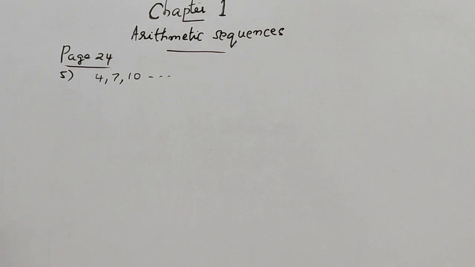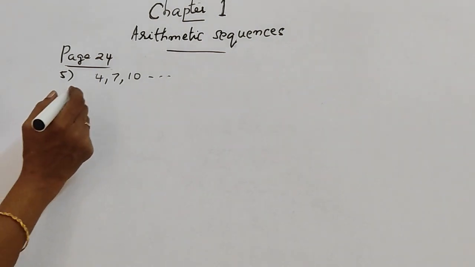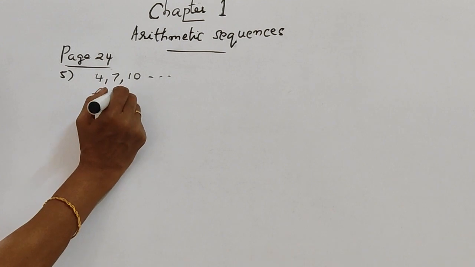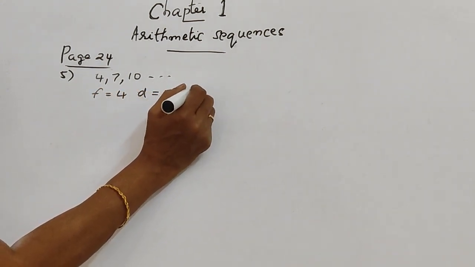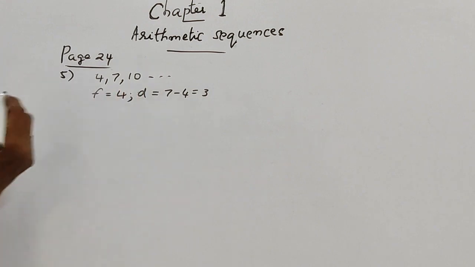Now, here first term is 4. We know the common difference is equal to 7 minus 4, which is 3. Now what we have to find? We have to find xn.